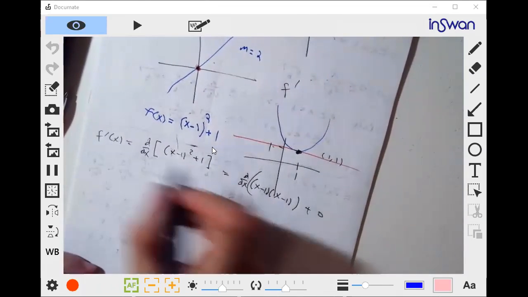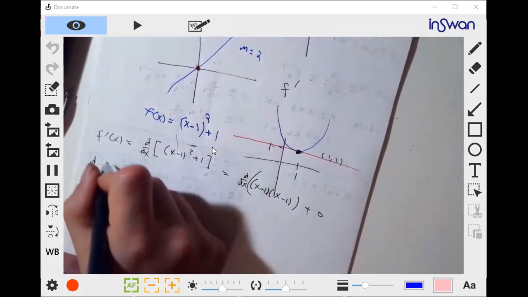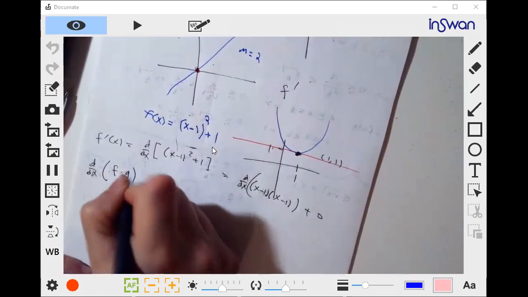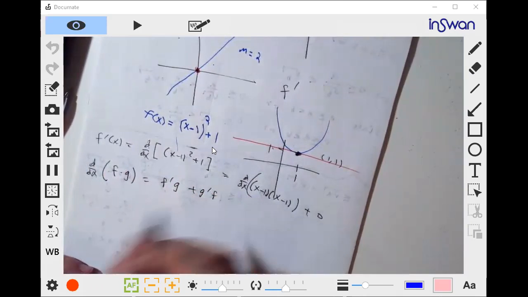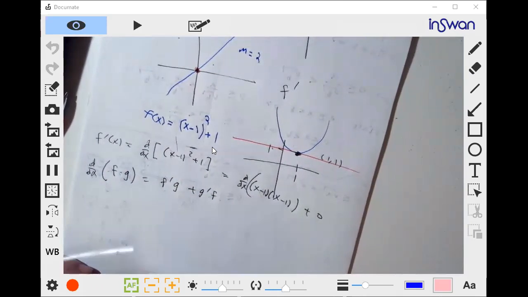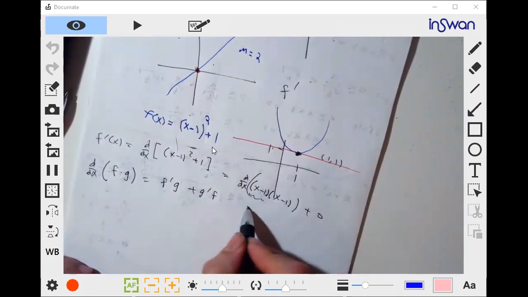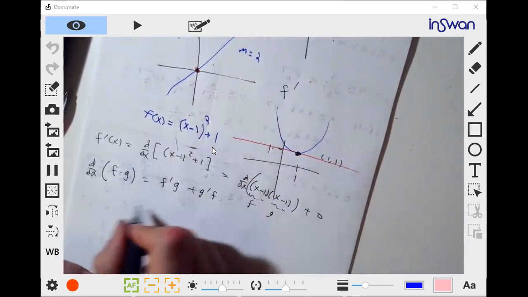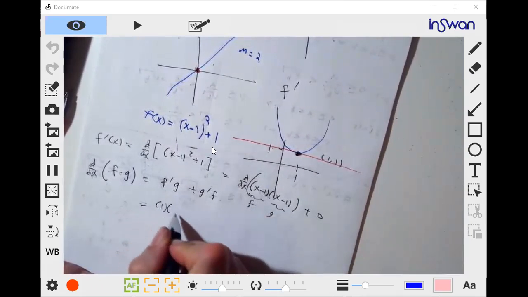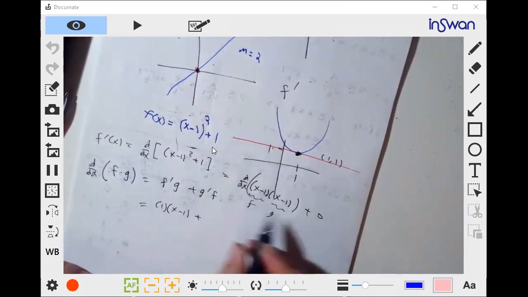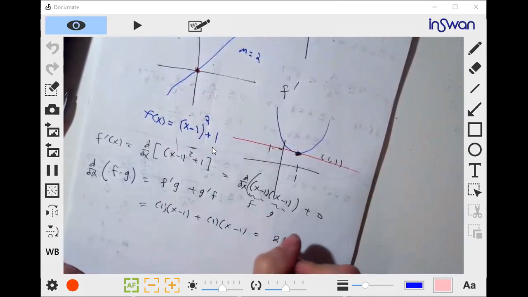Notice that d/dx of a product of two functions, f times g, recall that's f prime g plus g prime f. So we can call this f and we can call this g. Then the derivative of f is just a 1 times g, which is x minus 1, plus the derivative of g is just a 1 times x minus 1. So we end up getting 2x minus 1.